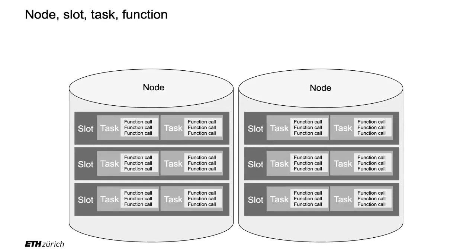So now I have yet another summarizing chart here where you see the nodes, these are the machines, right? We have multiple slots per machine. Why? Because you know that now we have multiple cores, even your laptops here. Maybe they have 8 cores, 16 cores, right? So these are slots. So we have multiple slots. Every slot can execute multiple tasks one by one, and within the task, it's just function calls. Okay?